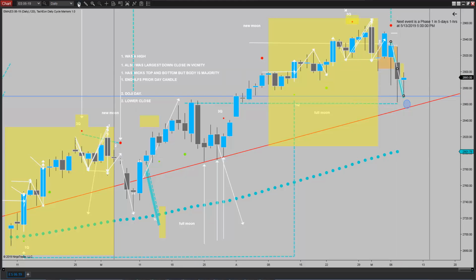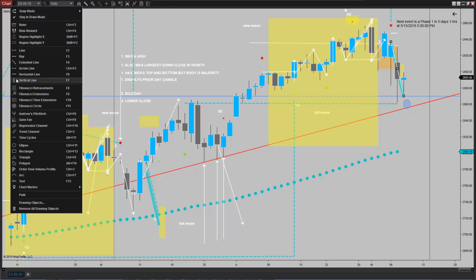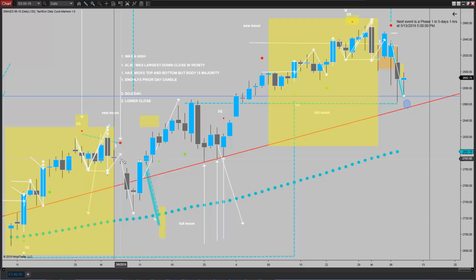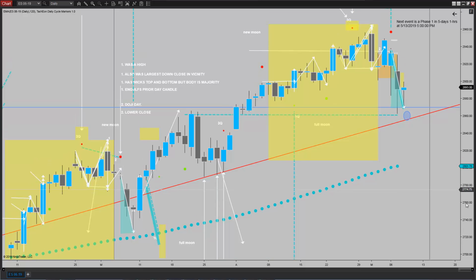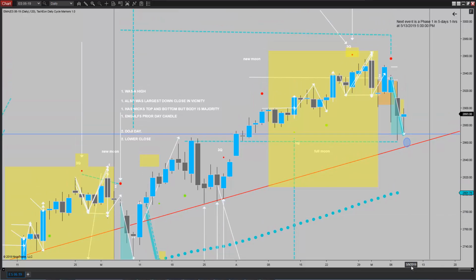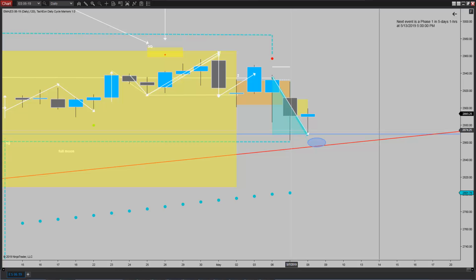Now I want you to notice, if we draw a triangle from here to the low, and then I pull it out, if I take that triangle up to the current new moon, I want you to see where it lands in relation to today's low. In relation to today's low, it's touched it almost to the tick. Right there.